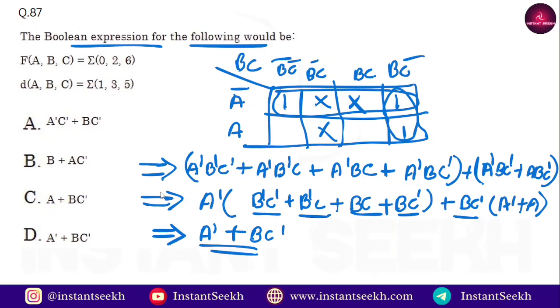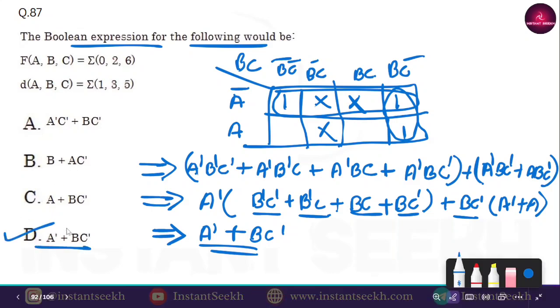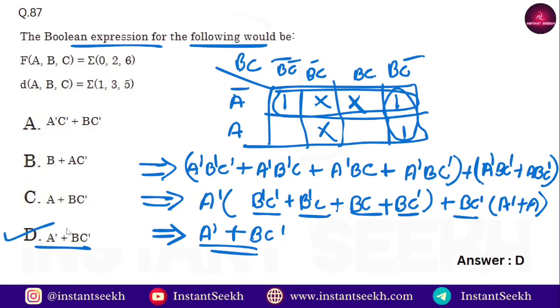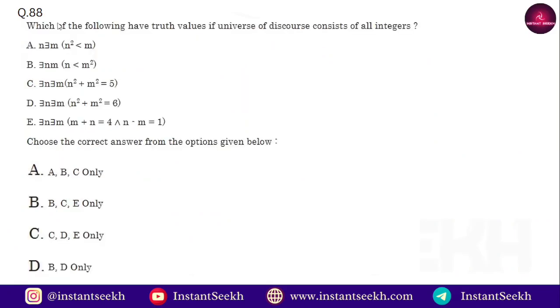So your correct answer will be option number D, that is A bar plus B C bar. Okay, let's move on to the next one. Which of the following have truth values if the universe of discourse consists of all integers? Okay, let's move to question number 88.